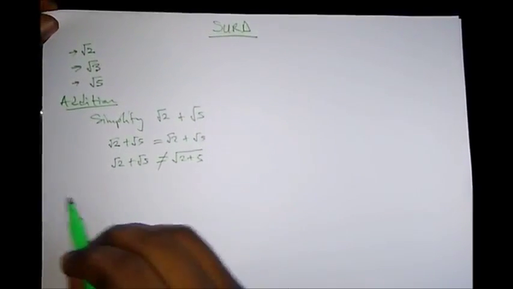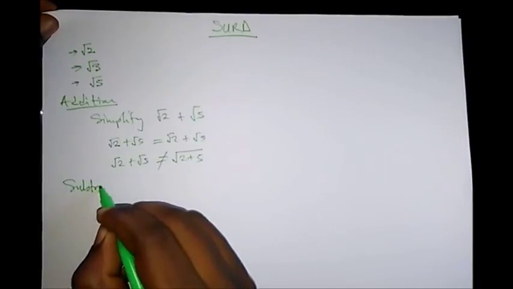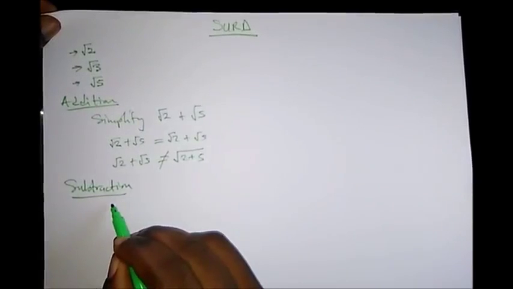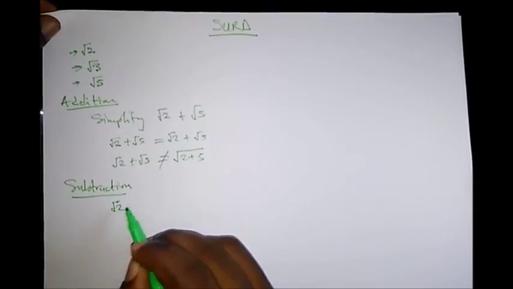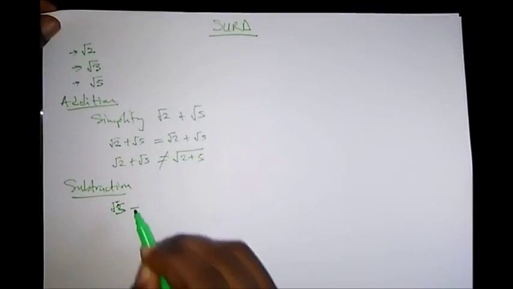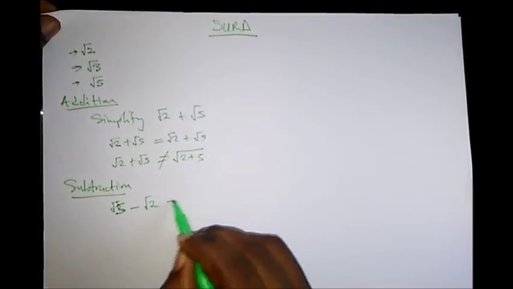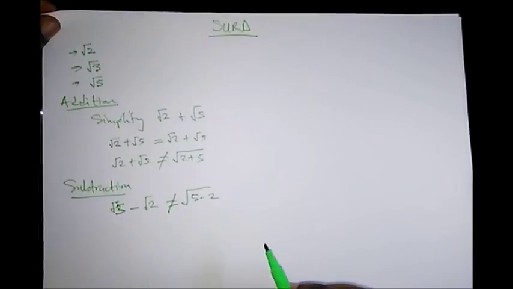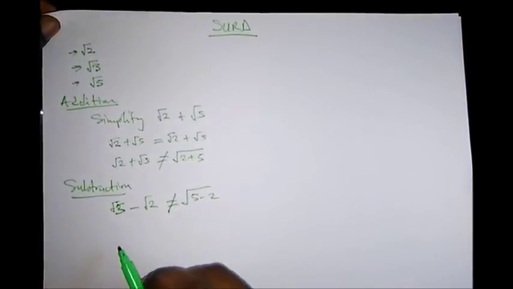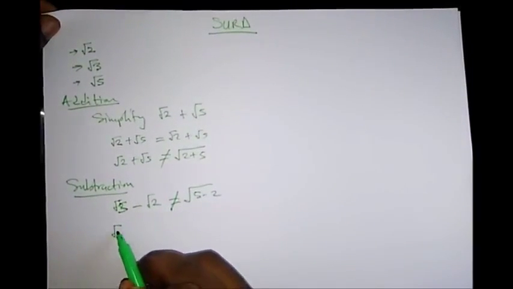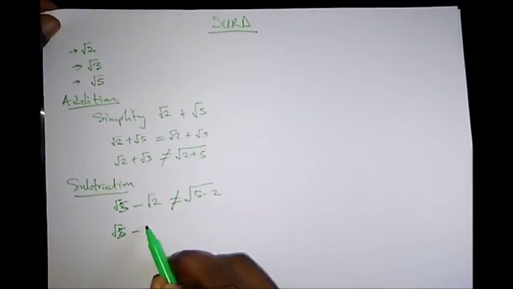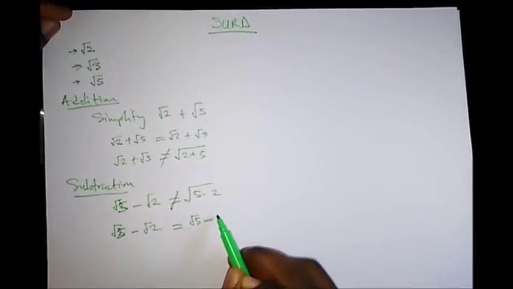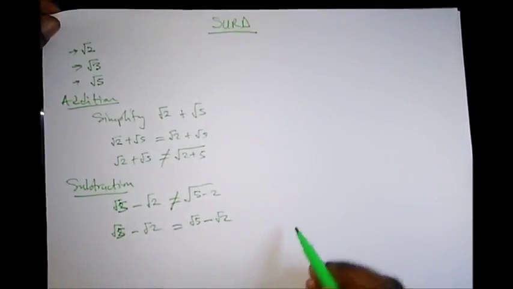Also, similarly for subtraction, we can never have, let's say, root 5 minus root 2 being equal to root 3, that is 5 minus 2. It can never result to this. So whenever you're given this, root 5 minus root 2 is still equal to root 5 minus root 2.